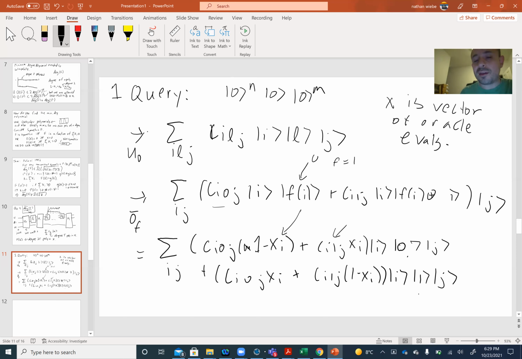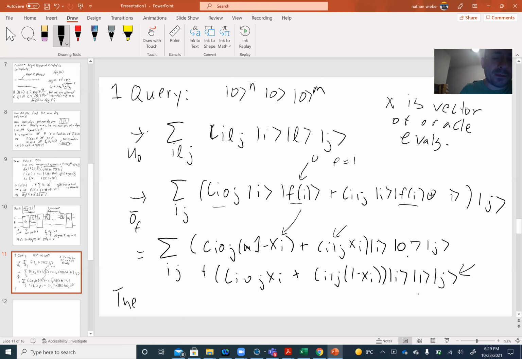Since there's only two cases, x of i equals 0 or x of i equals 1, in both cases we end up getting the same pattern that we see up here. And similarly down there, we see the same thing.